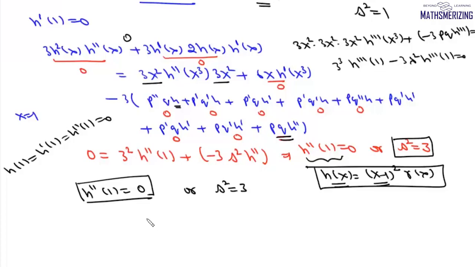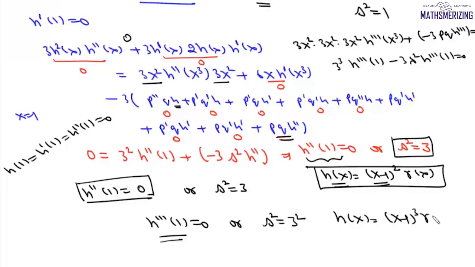So from here we'll say either H triple dash 1 is 0 or s square is 3 square. So if H triple dash 1 is unequal to 0, we can write this H(x) as (x minus 1) cube into R(x), and this s square equals 3 square.